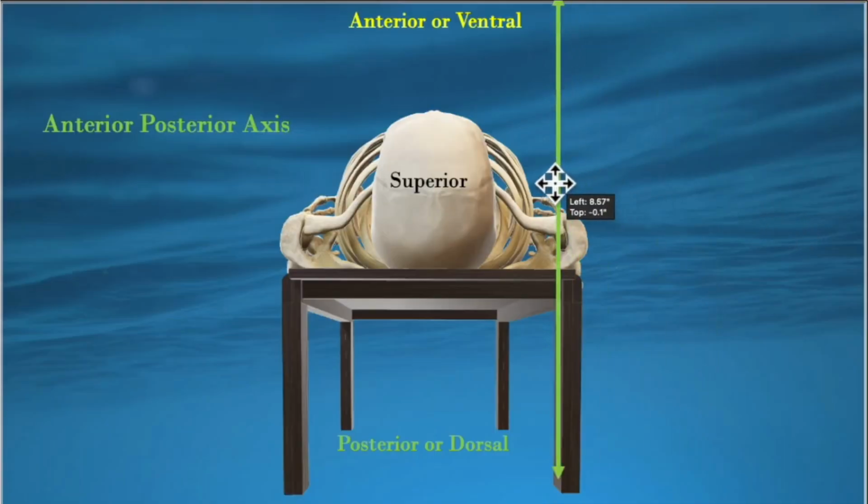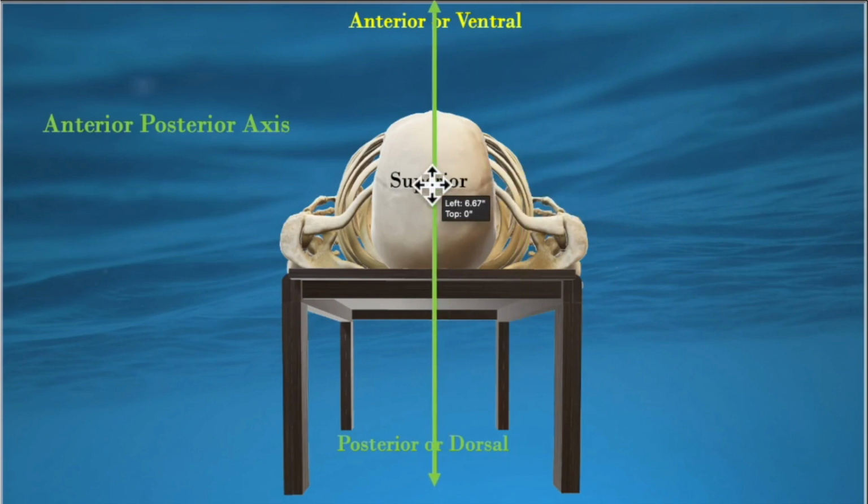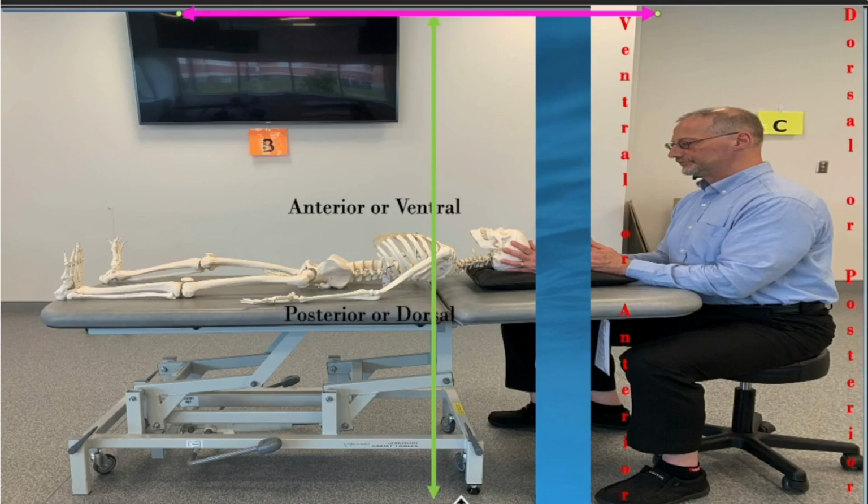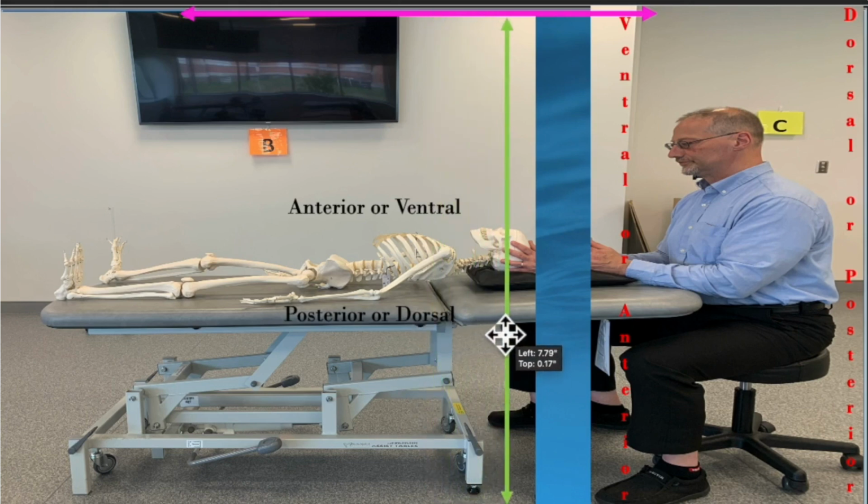That axis is going to go from the front of the patient to the back. Now let's compare that to the treating physician, where you're going to be in the vault hold. The anterior posterior axis is going to go right from the anterior to the posterior part of the patient.